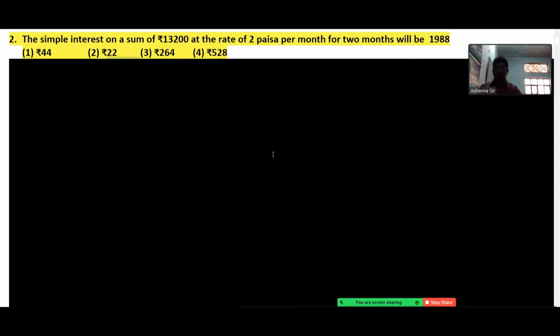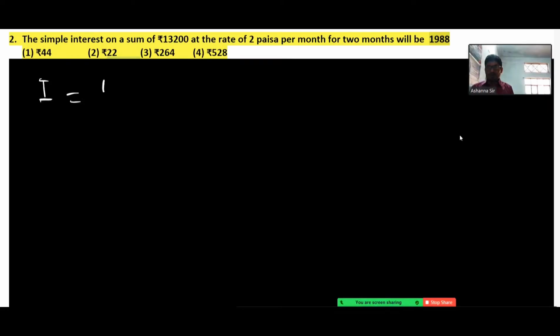Next, question number 2. The simple interest on a sum of 13,200 at the rate of 2 paisa per month for 2 months will be. This question came in 1988. Here we have to find the simple interest.